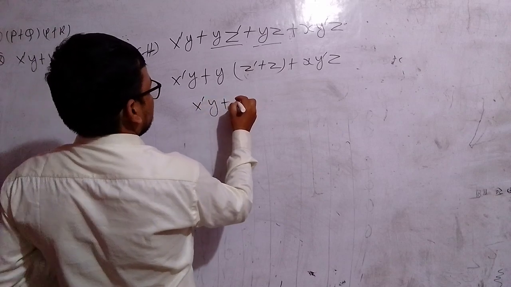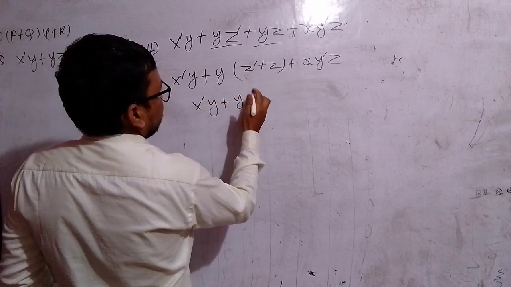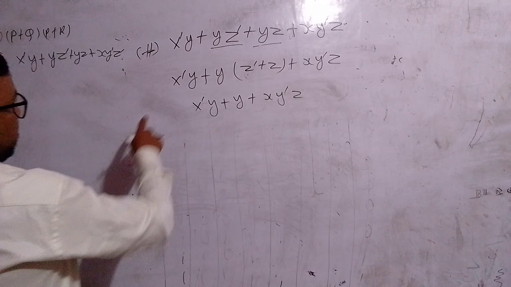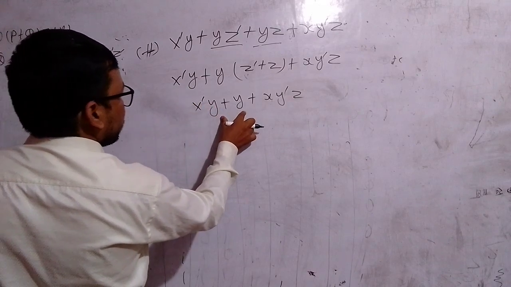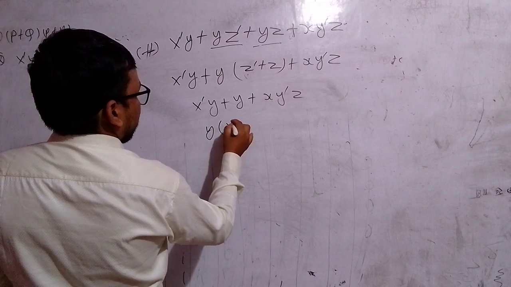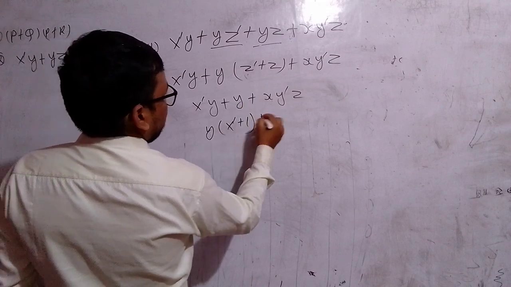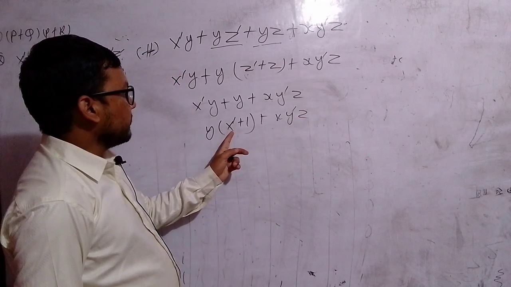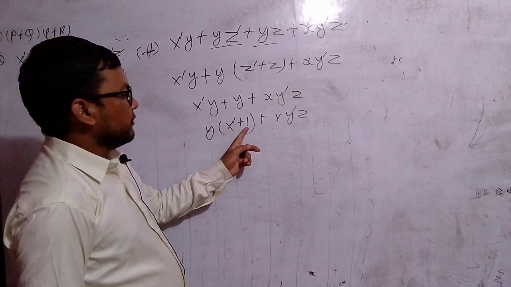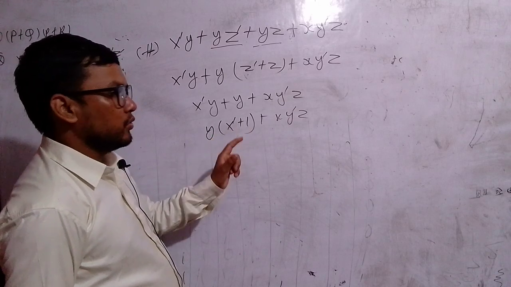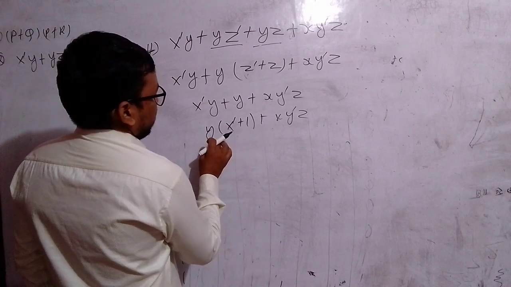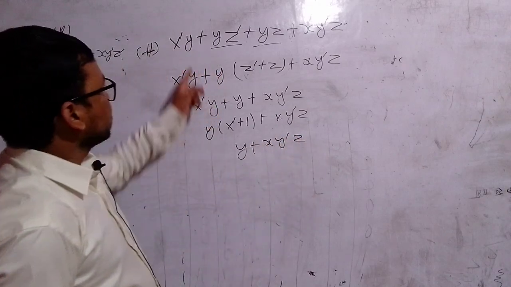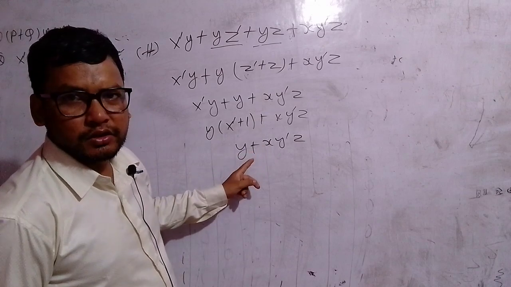Then our expression will be X dash Y plus Y times 1 plus X Y dash Z. Now we can take Y common from here also: Y times X dash plus 1, plus X Y dash Z. Similarly, if we add 1 to any variable, the result will be 1. So we can replace this by 1, and Y dot 1 gives Y plus X Y dash Z. Now we have simplified this complex expression to this shorter form.